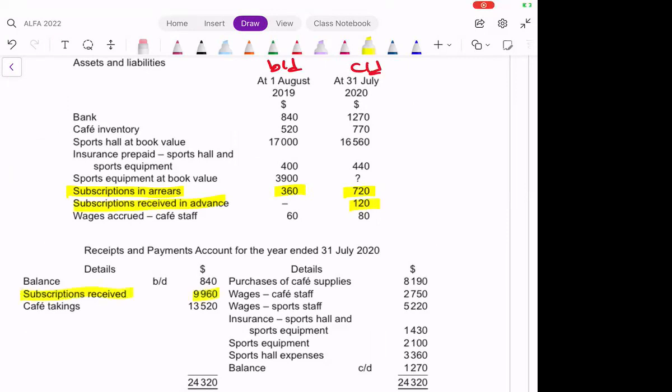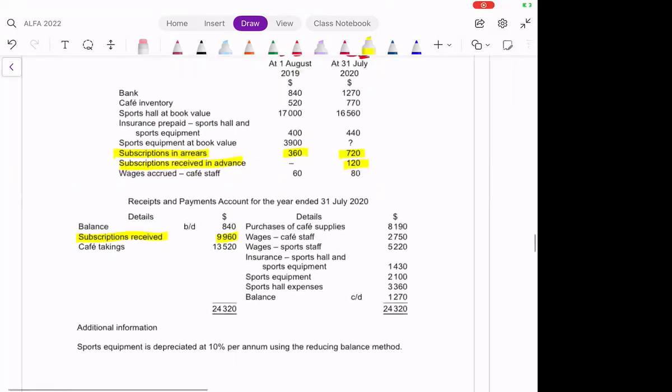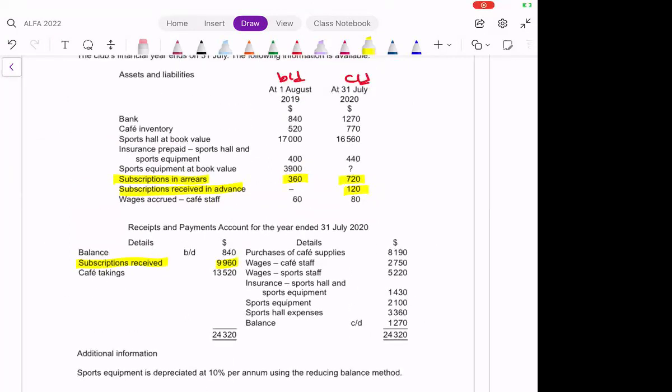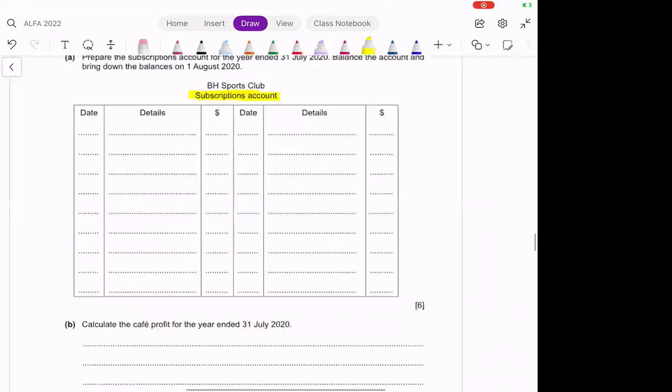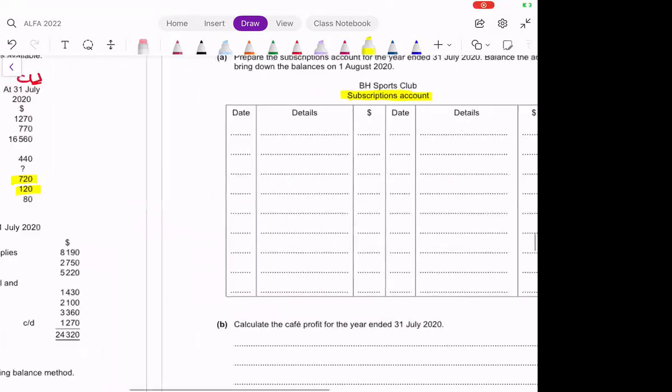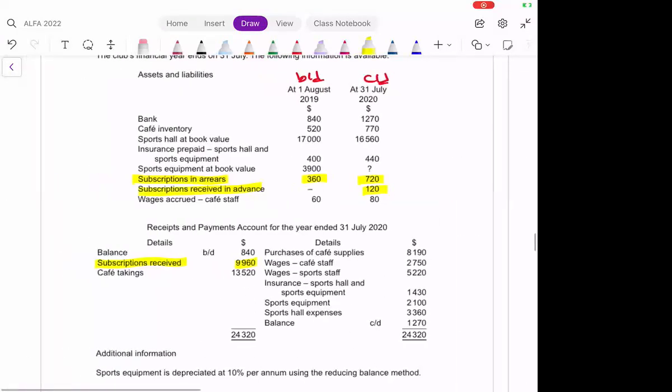Subscription that you receive. That's it. Can you prepare the subscription account here and calculate how much is the subscription for the year? Arrears is actually accrued. Arrears is another name for accrued. I'll give you another 3 minutes. Can you prepare the subscription account the same way?